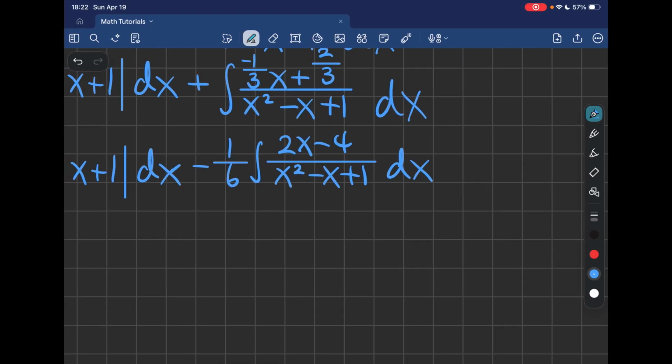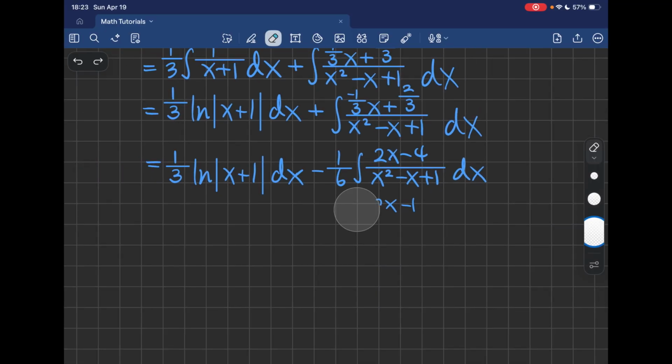If you observe the denominator, you will see that if you differentiate that, you will have 2x minus 1, right? So since if you differentiate this, you have 2x minus 1, that's why I want to keep 2x minus something in the numerator, because it will help us with u substitution. So now we have 2x minus 4 instead of 2x minus 1. So why don't we just write this integral as the sum of two other integrals?